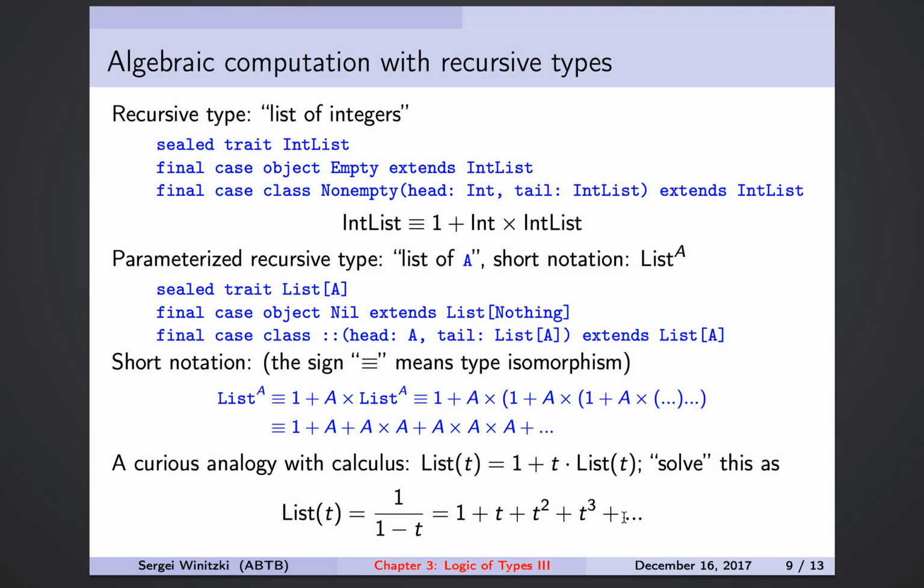So this is just an analogy. It is not directly useful for functional programming, because there's no way for functional programming to make sense of dividing 1 by 1 minus t. There's no minus as far as we have seen. But it's a curious, fun analogy. And even derivatives have an analogy in functional programming. But I will not talk about this right now.